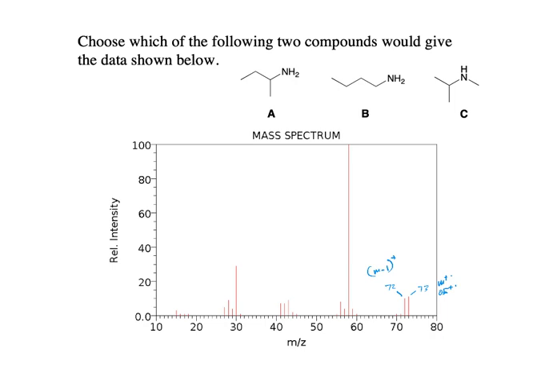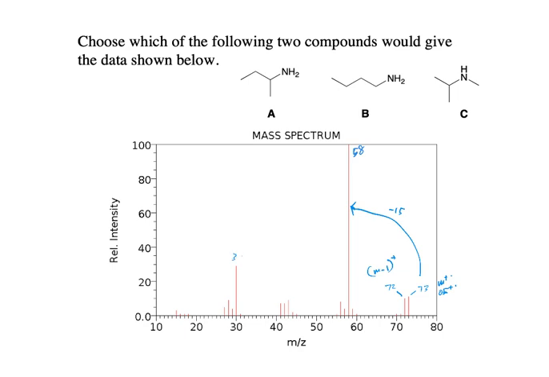Then we could look at the other losses. So this one is at 58. So 73 to 58 is a loss of 15. So we're just losing a methyl.